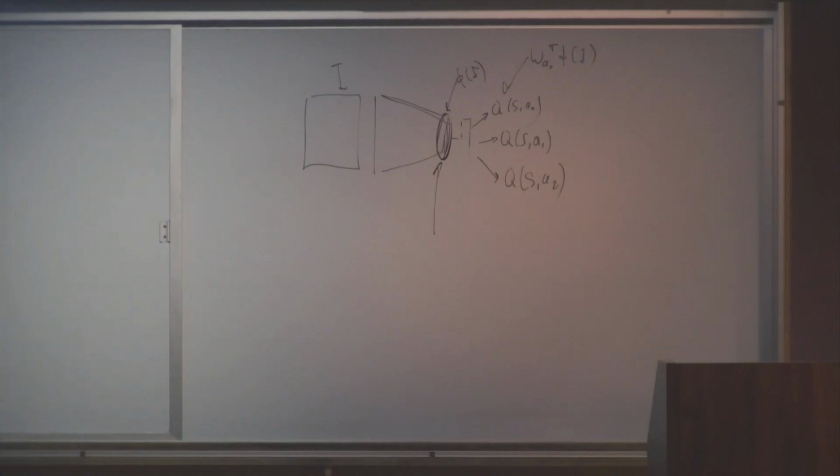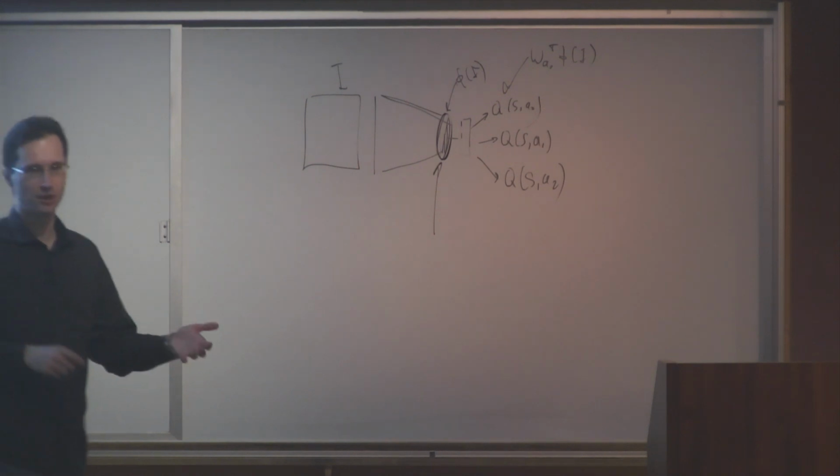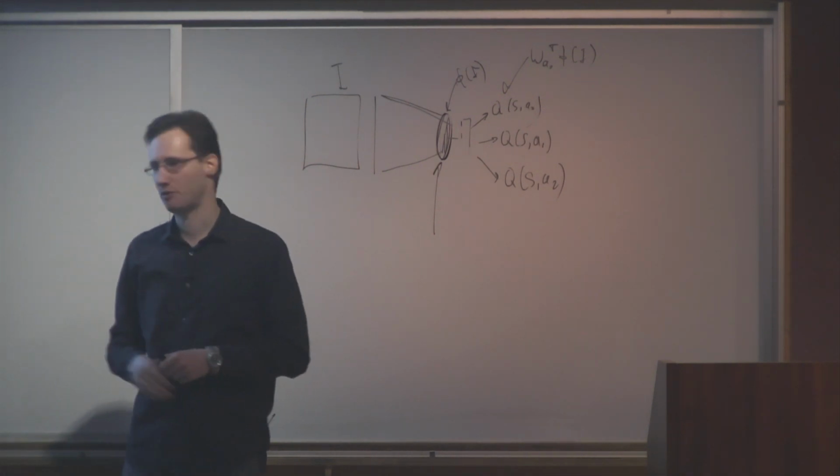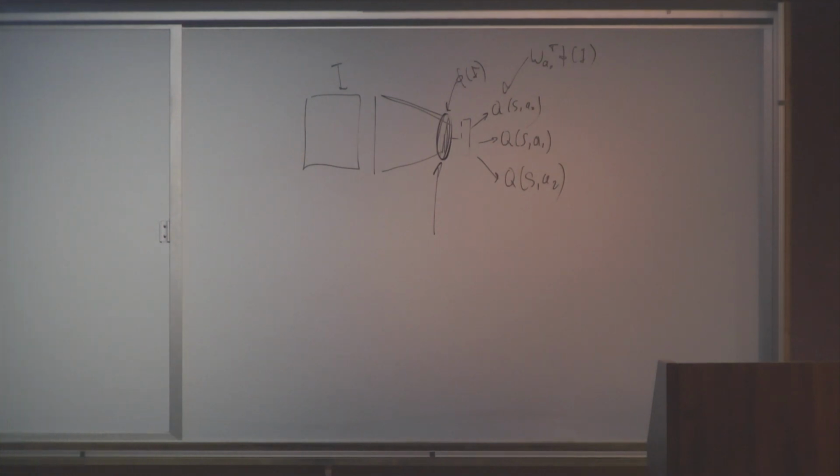Maybe the lower one is a little longer because it has to go south, then east, then north, so it might have lower probability, but still non-zero probability. So perhaps if I run maximum entropy reinforcement learning in this environment, I'll get a policy that maybe 70% of the time goes up and then 30% of the time goes down and explores both paths.